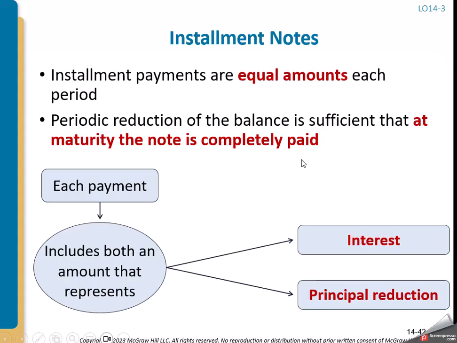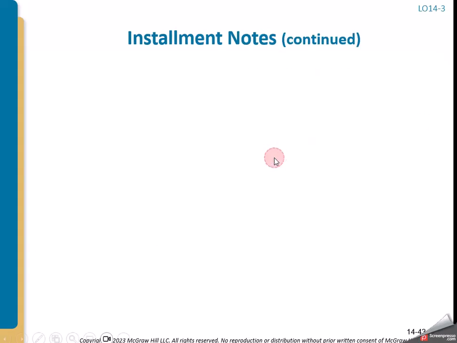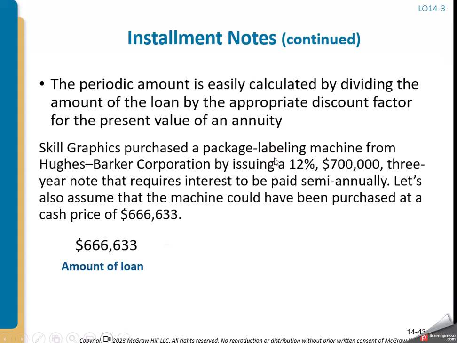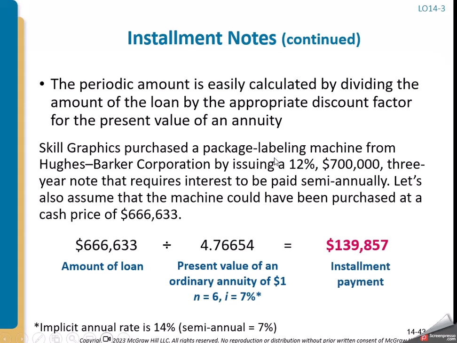Now then we can have it set up, which is normally, like say we're going to get a car loan or a mortgage loan. It's going to be set up so we pay an equal payment every month for a period of years. So when we have those, I also like to use my time value of money keys on my calculator to do those as well. So if you've got the $700,000, that's how much we're borrowing today.